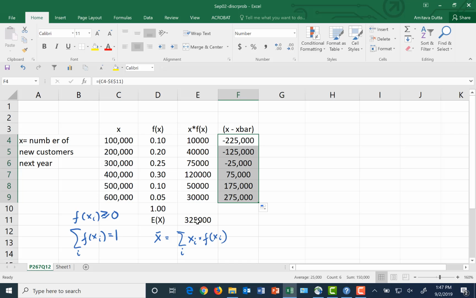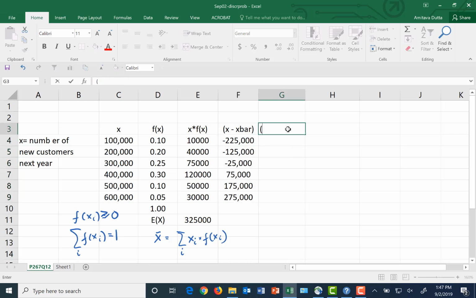Now remember, since I'm computing the spread or dispersion, some of the values will be below the mean, some above the mean. I can't have one cancel the other, and hence I'm going to square this number. So X minus X bar squared. Why do I square it? In order to get rid of the negative sign, so I don't have the negatives cancelling the positives.